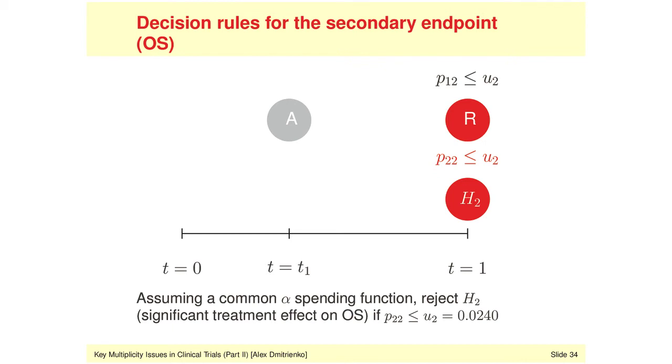As you can see on the slide, we can conclude a significant treatment effect on overall survival if its p-value, p22, is less than or equal to u2. And this adjusted significance level is equal, in this particular case, to 0.024.